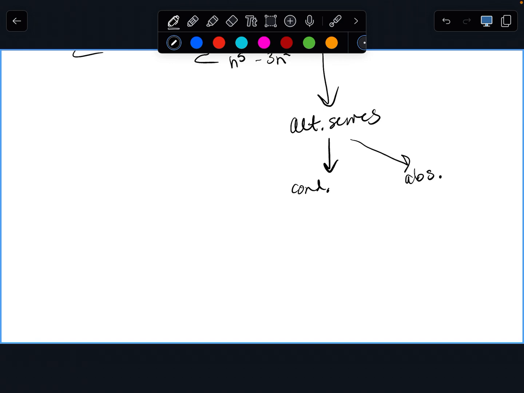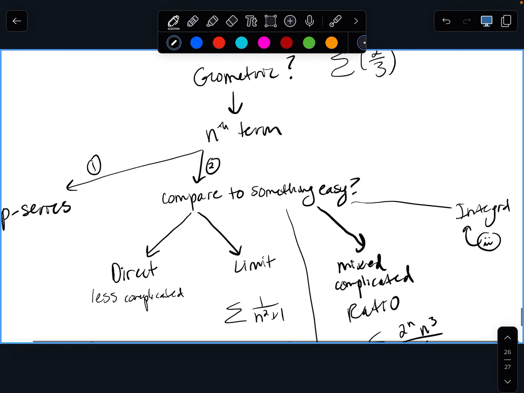Yeah. Are there any problems that you can only use the integral test for? Or is there always going to be a way that you can do it? Usually they make you do integral test, or they'll do ones that are coming to mind like this one.